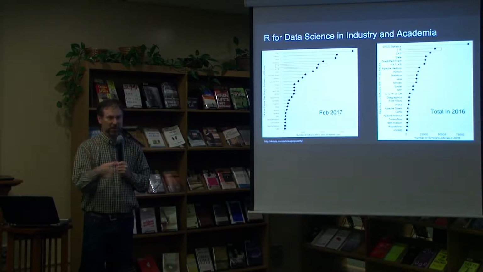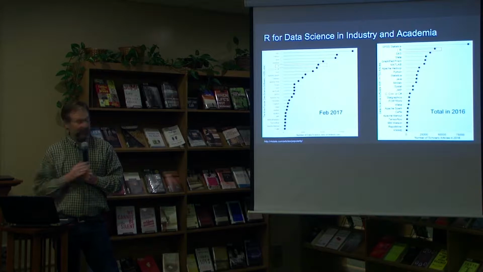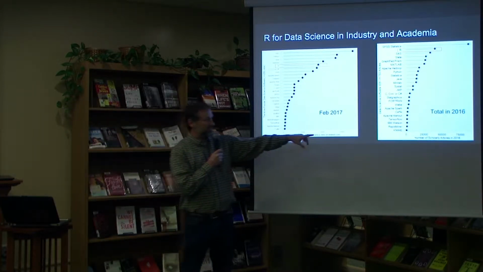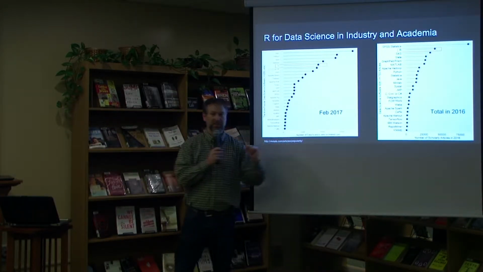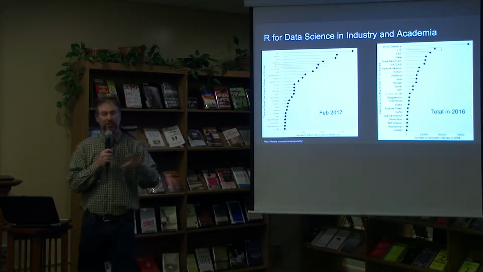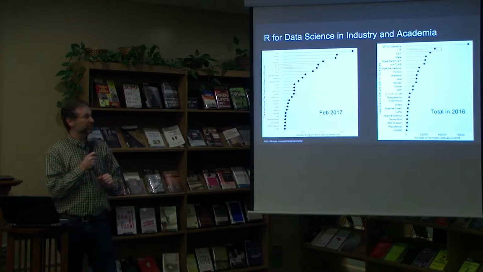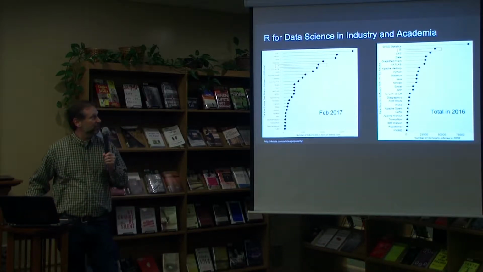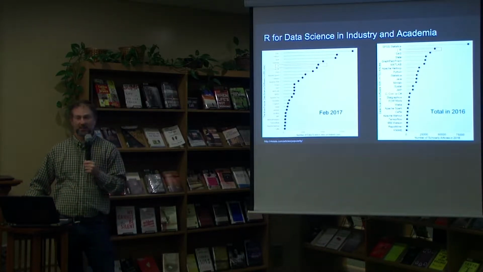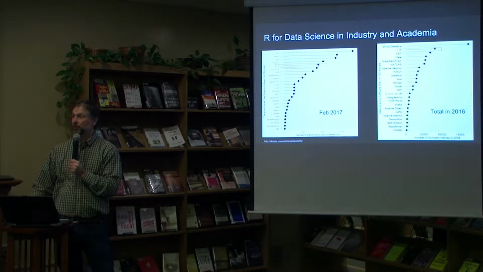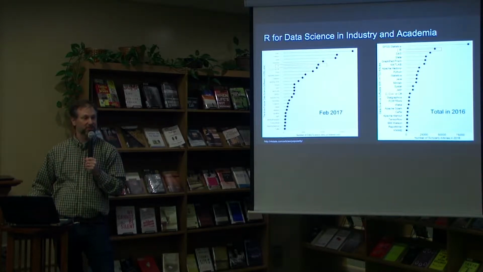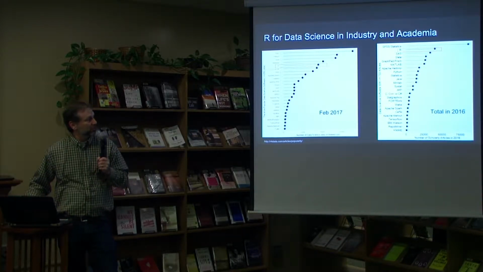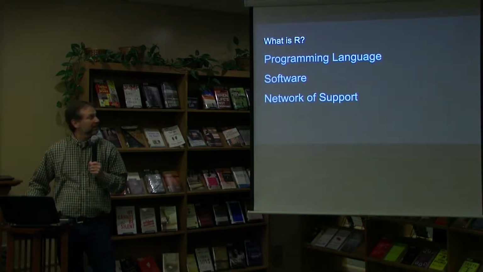And in the second one, the same person studied scholarly articles in the year 2016 and how much R occurred in these scholarly articles as well. So it was the second one. And then you'll see it appear with SPSS, SAS, and Stata, a lot of other statistics programs, but those are also commercial. So this one's free. So it is important in both industry and academia.